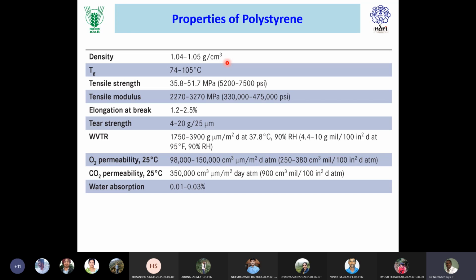The density could be 0.03 gram per centimeter cube compared to the HIPS or GPPS, general purpose polystyrene grades. The glass transition temperatures, the water vapor permeability and the other properties are on your screen. You can have a look at these properties later also.